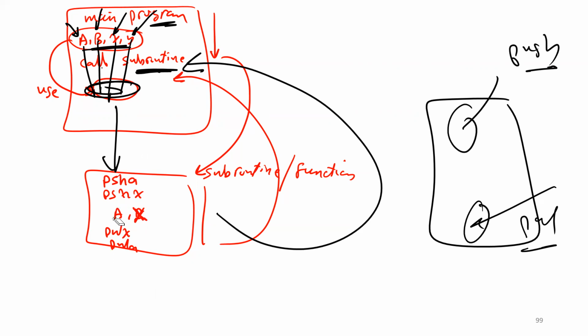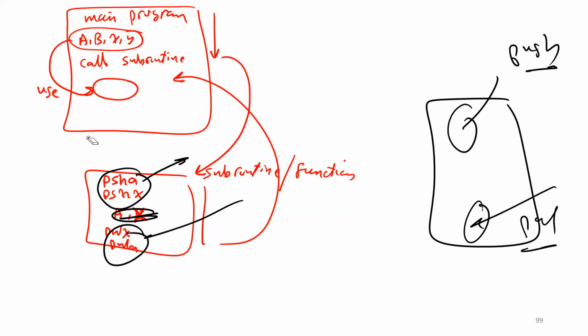Here, because in this subroutine I'm going to change registers A and X, I push them, then use A and X, and then get the initial values back, so that I don't destroy the values you need in the main program. So when I go back to the main program, the values of A, B, X, Y will be the same.